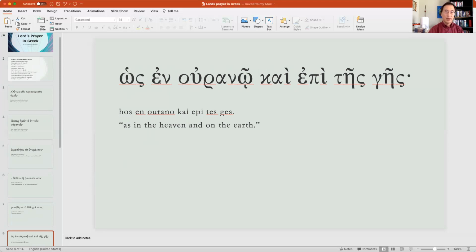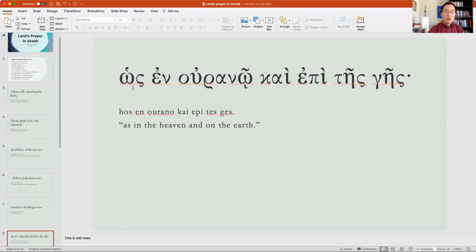So hos and ouranō. The ou is two vowels together, but they make one vowel sound. Not o, u, but u. Ouranō. And this is kappa, alpha, iota. Kai, epi, tes, and ges.